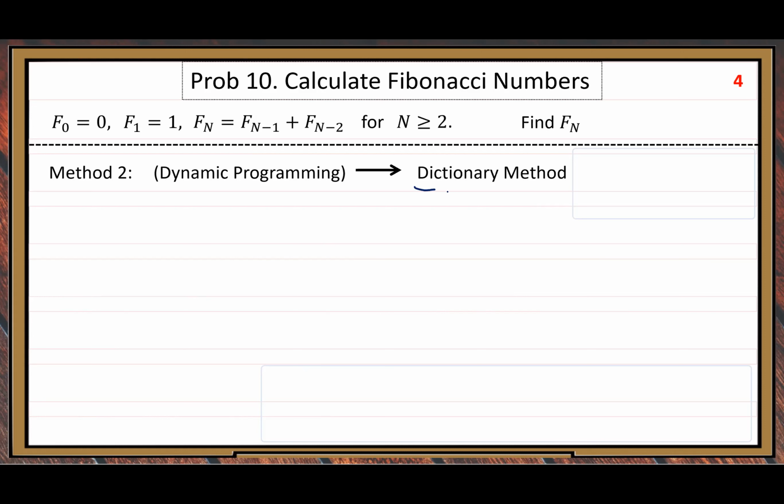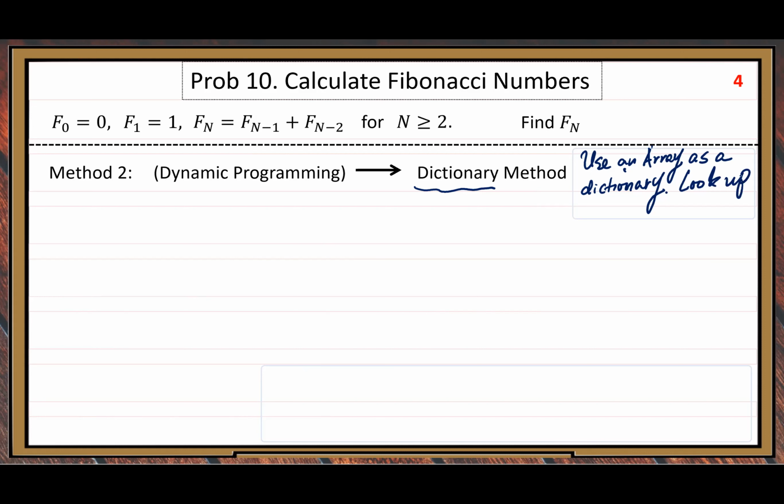Because we use an array as a dictionary. Why dictionary? Because we need to look up a calculated number.